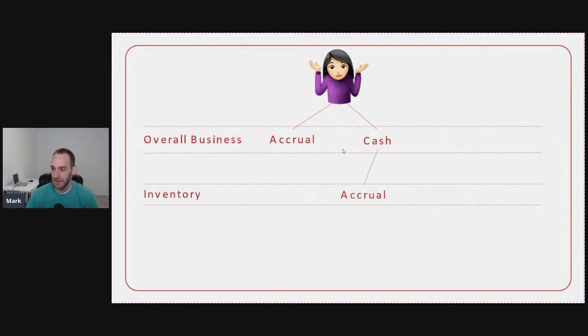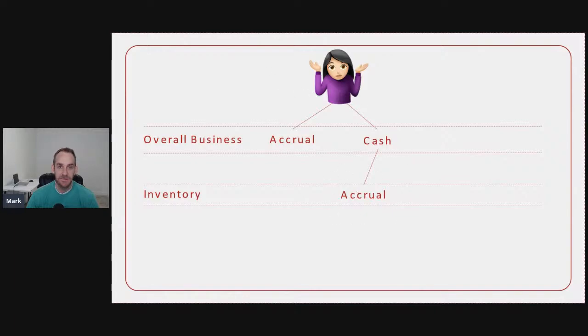And for inventory, typically the accrual method has been assumed. So most small businesses use the cash method, but everybody just knew, in theory, that inventory was treated a little bit differently. So with inventory, historically, you couldn't deduct your inventory until you sold it. This was just what everybody did historically.